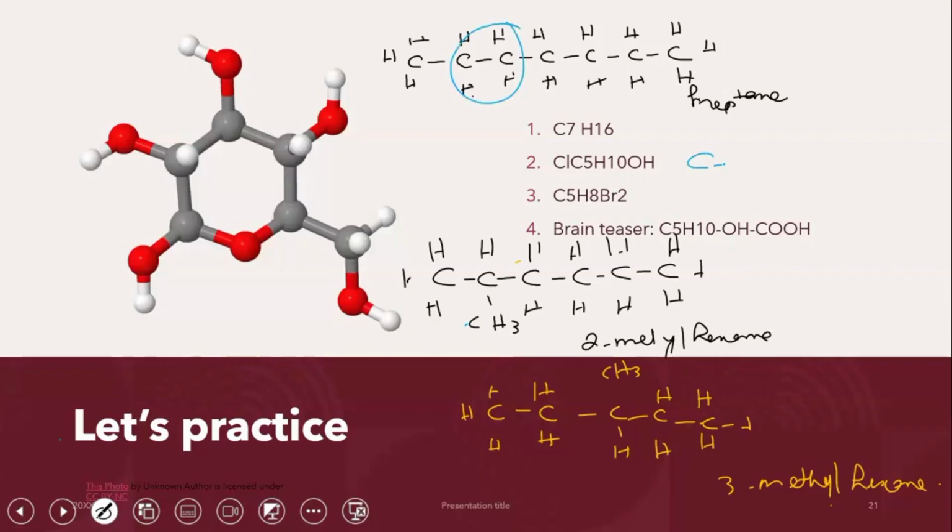Let's make a branch with two carbon atoms. So 1, 2, 3, 4, 5, and maybe I can go C2H5. C2H5 is the ethyl group, right? We have the ethyl group.